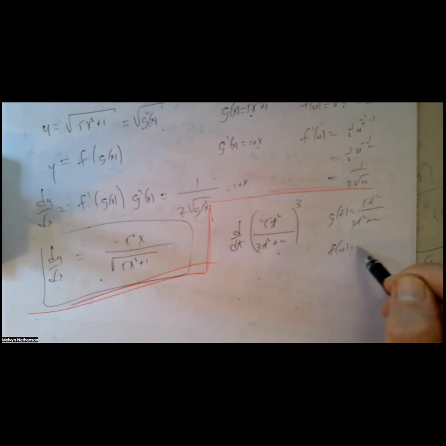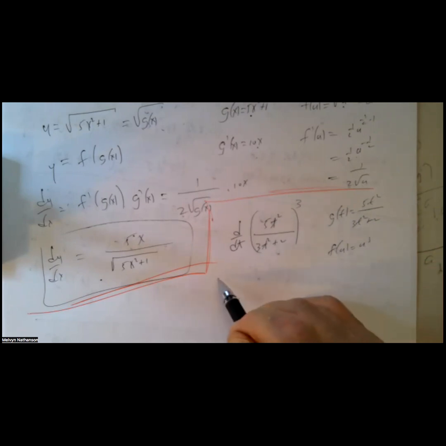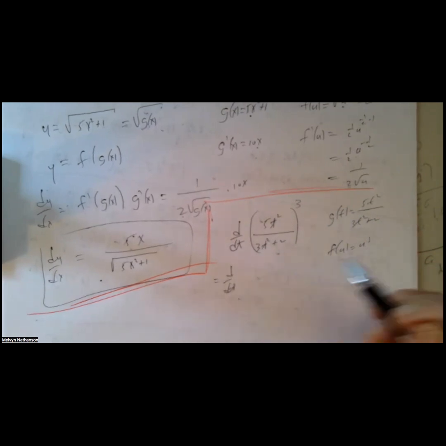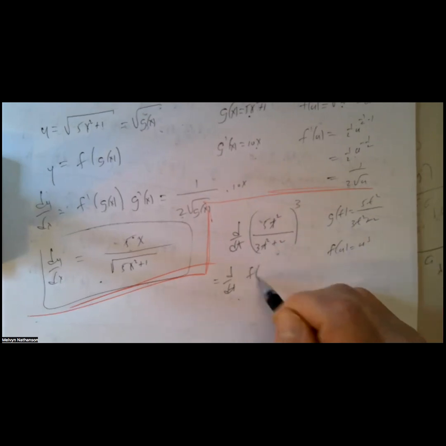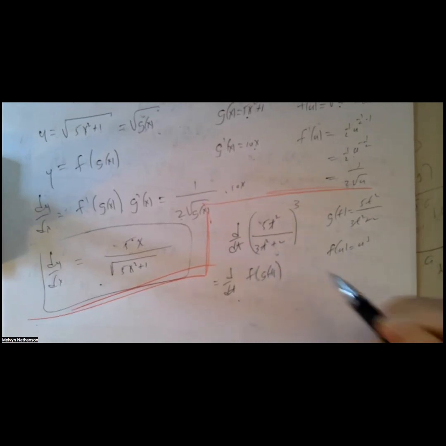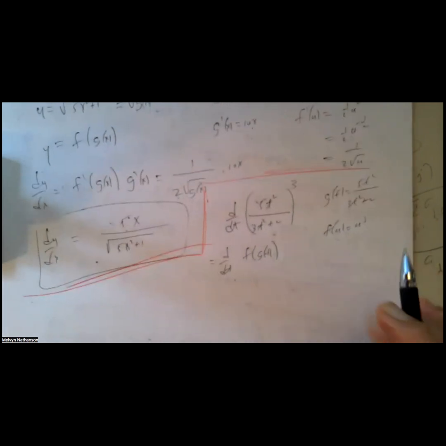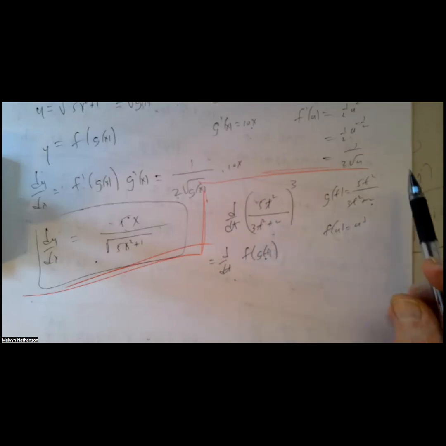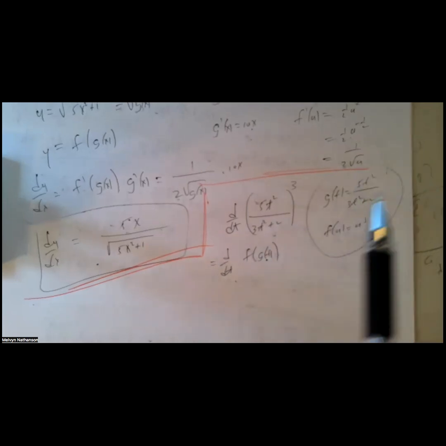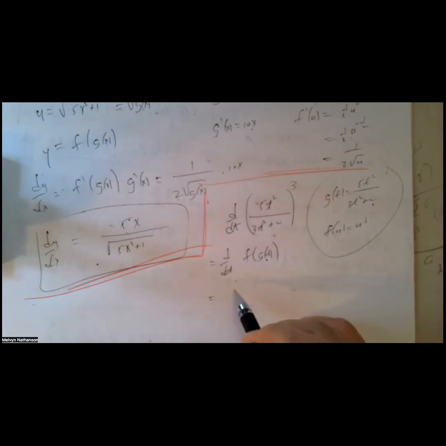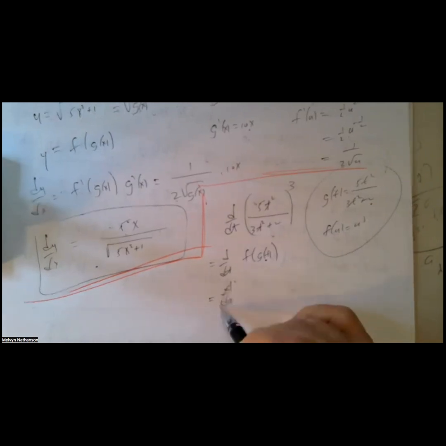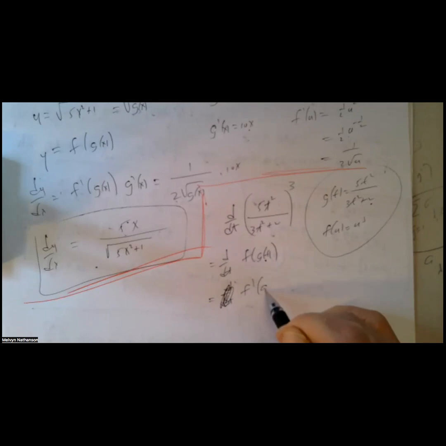So if we let f of u be equal to u cubed, this is exactly the composite function f of g of t. This means cube g of t. So we need to know the derivatives of these. So by the chain rule, this is f prime evaluated at g of t times g prime of t.